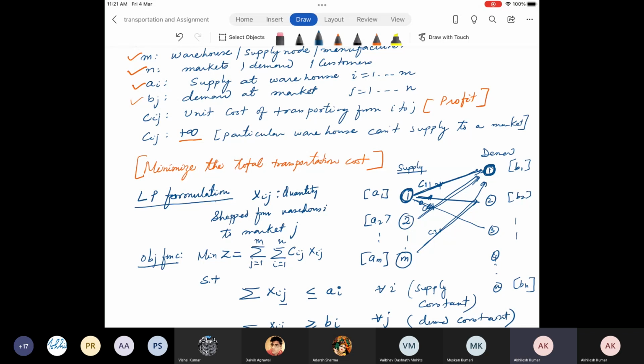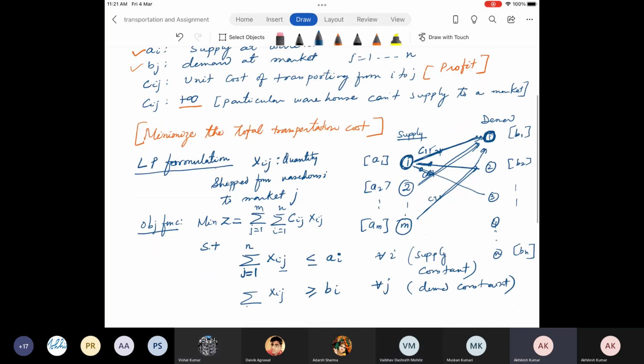So I remains constant and J changes. So it should have been J equals to 1 to N, for all I. Is this correct, guys? Yes, sir. Whatever quantity you are shipping from this warehouse should sum up to less than or equal to Ai. Similarly here, I equals to 1 to what? M.